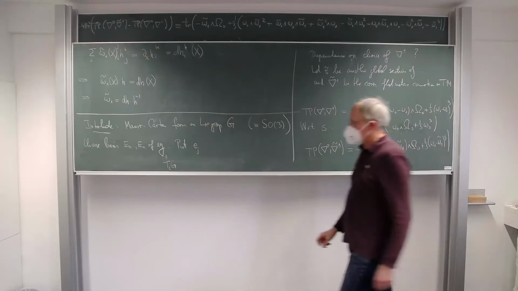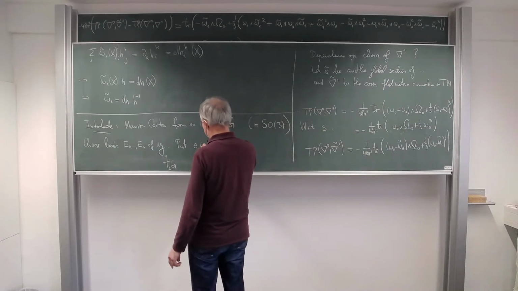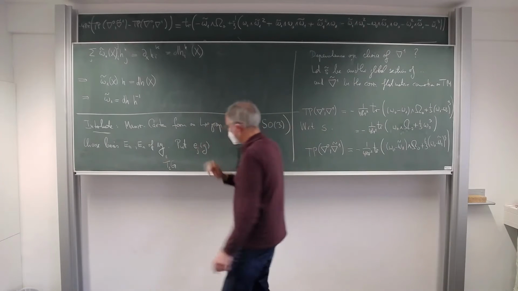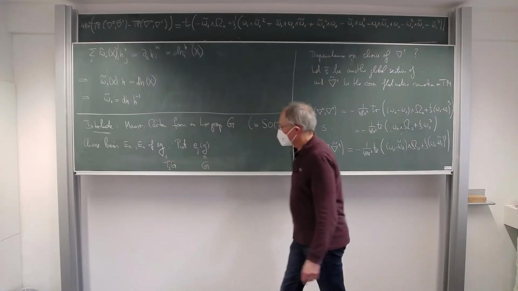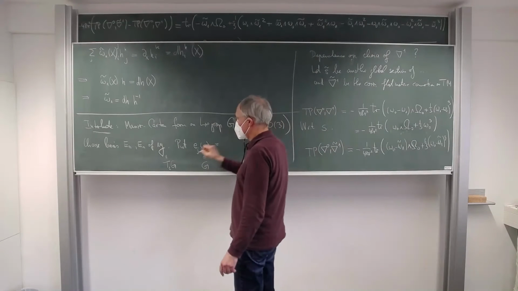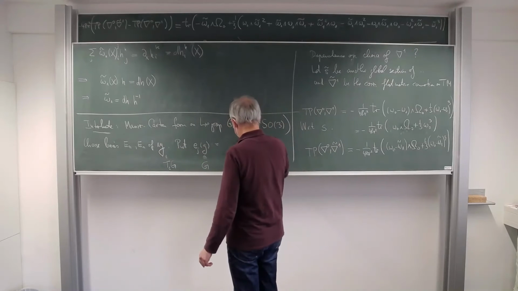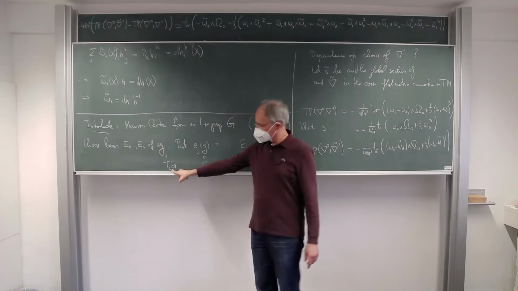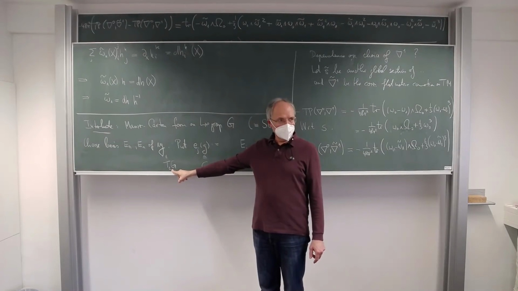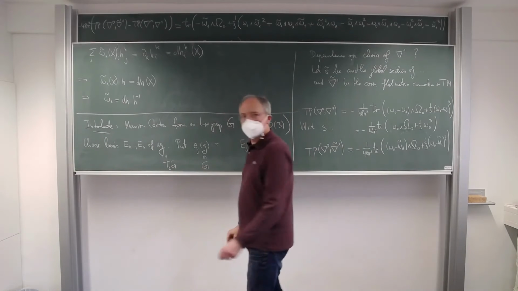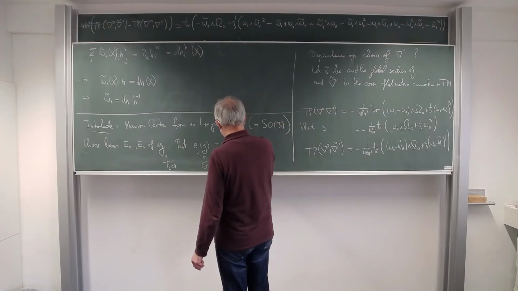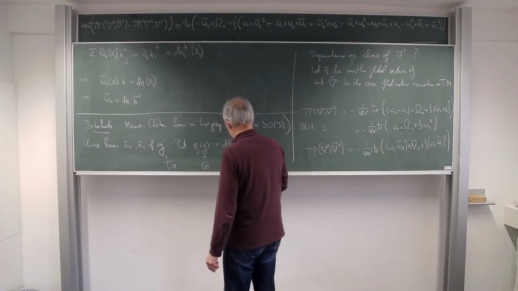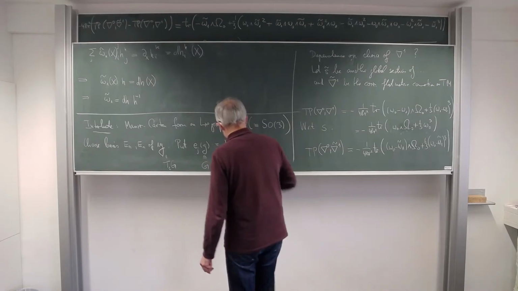And then, what can I do in order to define the vector field at a point G in the Lie group? I simply take the corresponding vector here, which is a tangent vector at the unit element, and then I push it forward with right translation to the right point. So what I do is apply the differential of right translation with the element G to this.